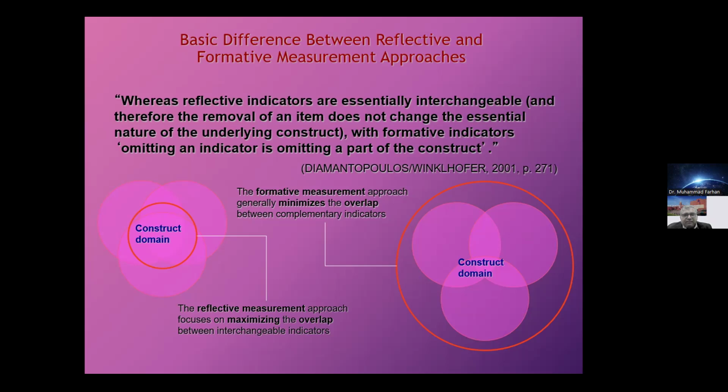This is another indicator. And three, probably I would go on exploring new forms of technologies. So these three things indicate that I am fond of new technologies. So here, these three indicators would be of reflective nature. They would essentially be interchangeable.